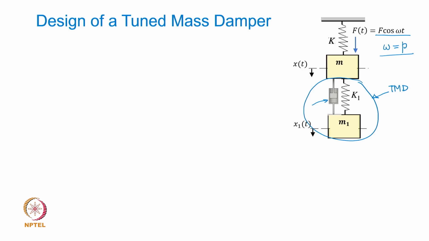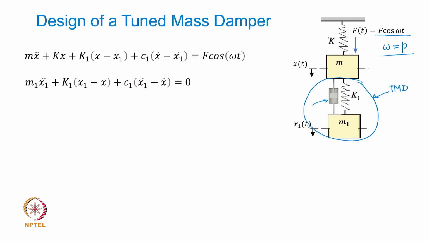Obviously, if you draw the free body diagram and follow the same process as we have been doing for a 2 degree of freedom system, you would generate a governing equation of motion wherein the damping element appears. Now this dashpot or a damper, if it is assumed to have a damping coefficient of C1, stiffness of K1 and mass M1, then obviously these are the two governing equations that you can expect.